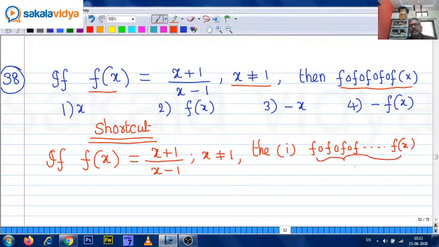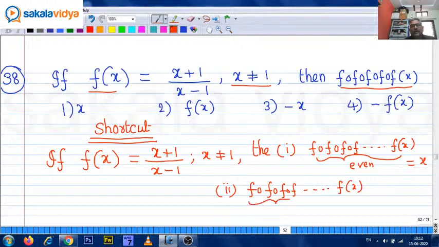That means for an even number of f's, the result will be x. Second, f circle f circle f circle, and so on, f of x: for an odd number of f's, the result is f of x. Here count it, 1 2 3 4 5. So the answer is f of x.